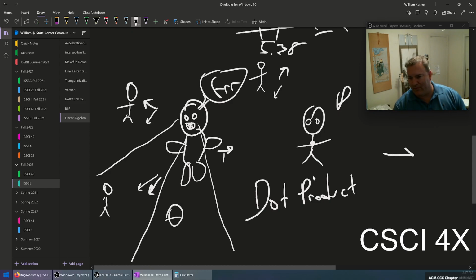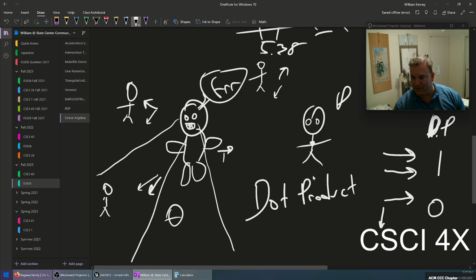If you have two vectors that are pointing in the same direction, the dot product is going to be 1. If you have two vectors at 90 degrees to each other, you'll get 0, or close to 0.